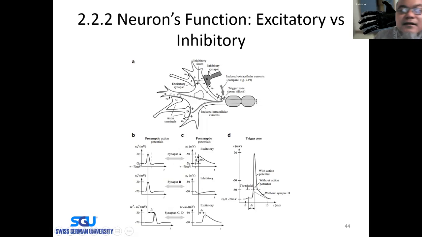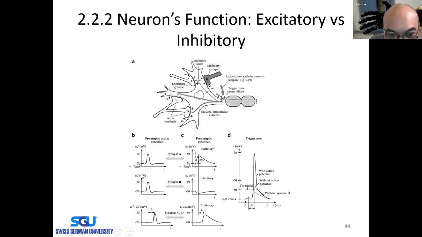Of course, these are all formed by training throughout our growing, from childhood until now, creating different excitatory and inhibitory synapse connections within our brain.